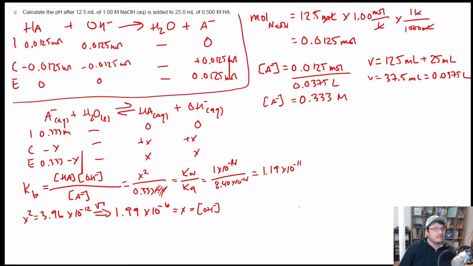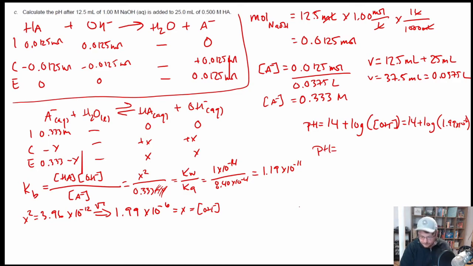Now, if we're trying to calculate the pH, we can simply use the derived equation that we've done in the past, where the pH is equal to 14 plus the log of the concentration of OH minus. So 14 plus the log of 1.99 times 10 to the negative 6 gives a pH of 8.30, which is what I have on the key.